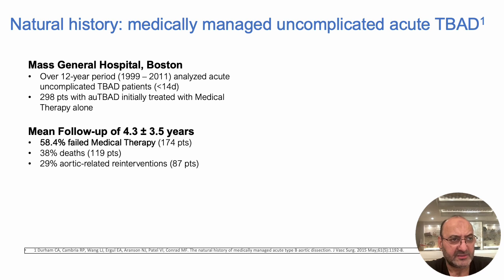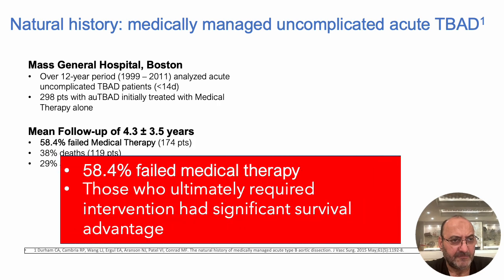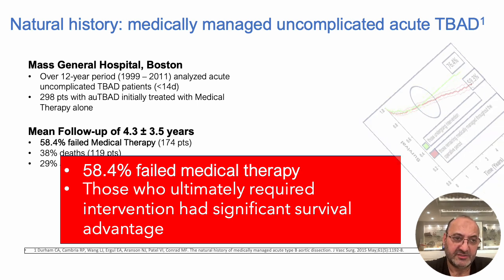If you look at the Mass General study over a 12-year period, what they found is that 58.4% failed medical therapy. Those patients who ultimately required intervention had a significant survival advantage.